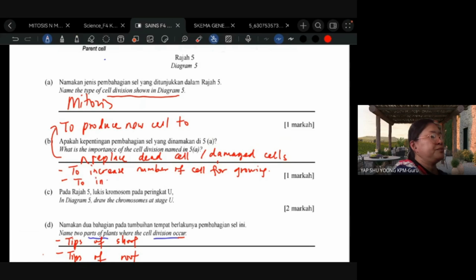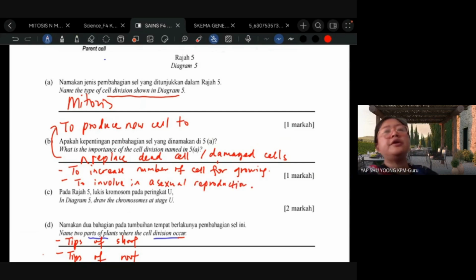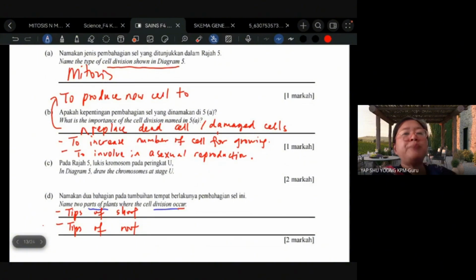To be involved in asexual reproduction. Okay, D. Name two parts of the plant where the cell division occurs.